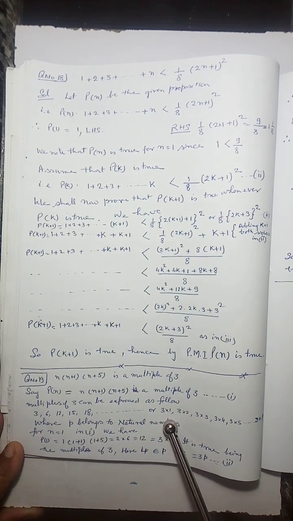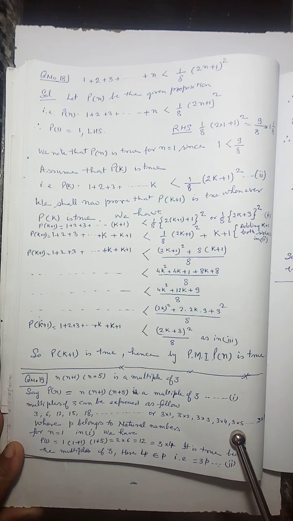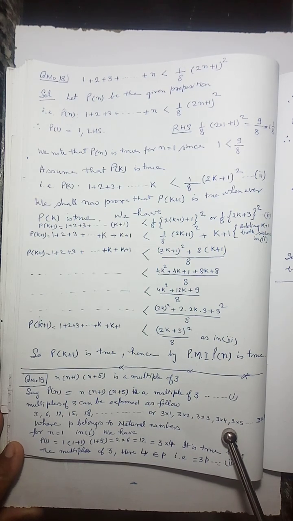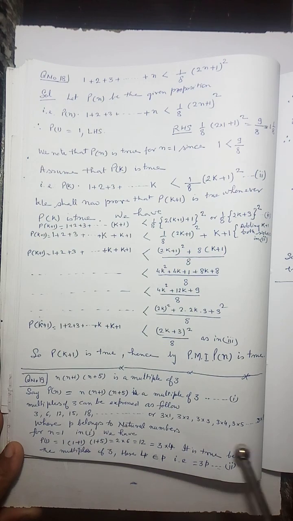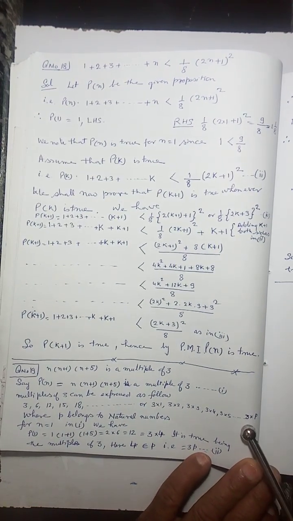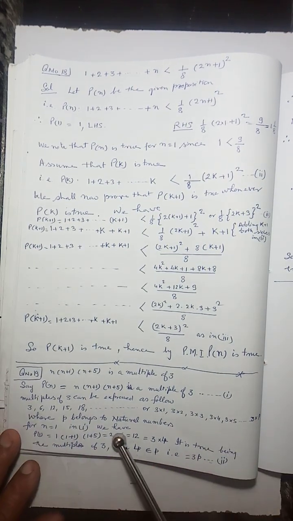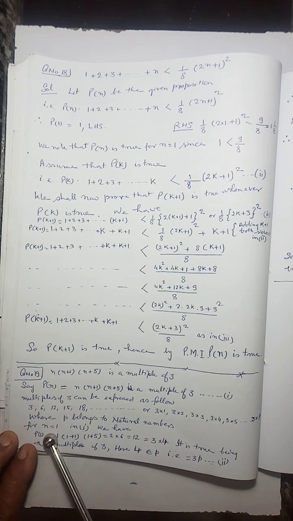And it can again be expressed as 3 into 1, 3 into 2, 3 into 3, 3 into 4, 3 into 5. These numbers can be expressed like 3 into p, where p belongs to natural numbers.